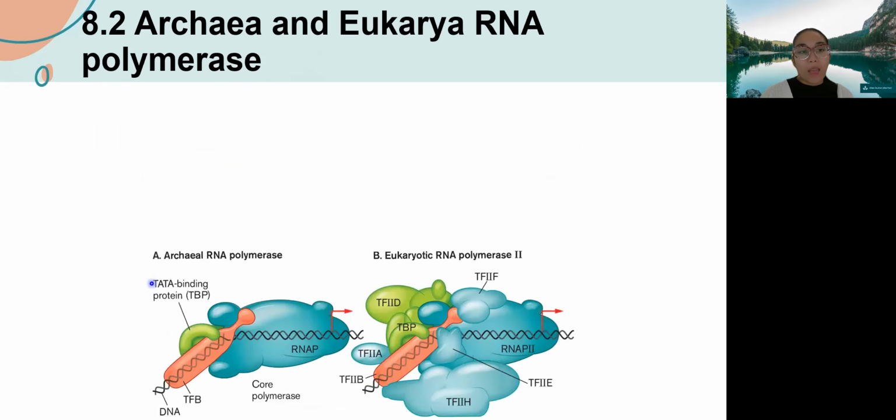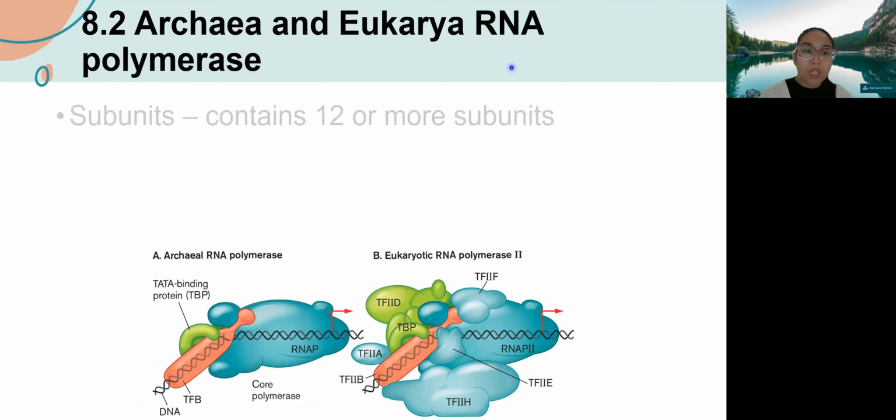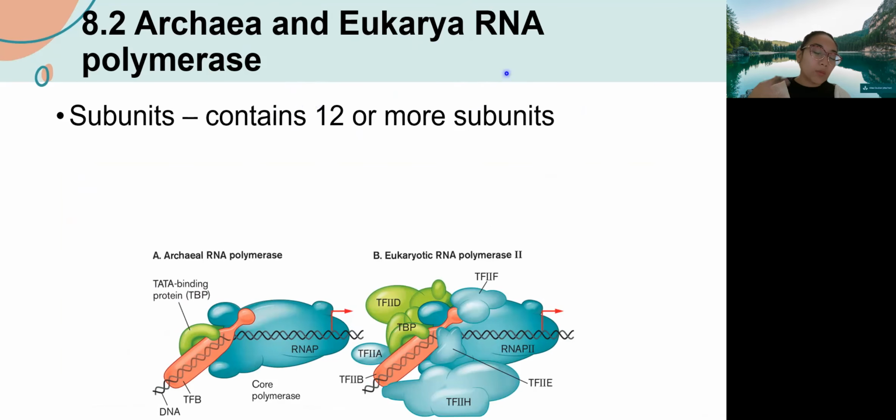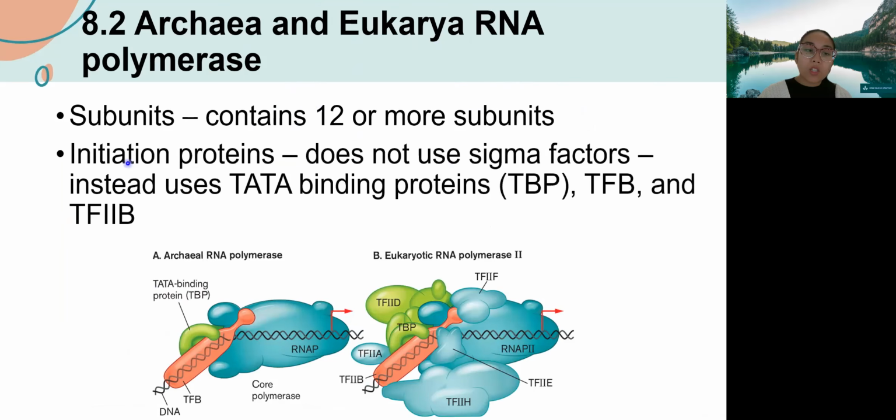Okay. So moving on, let's quickly talk about the RNA polymerase in archaea and eukarya, which is a little bit different. Both archaea and eukarya usually have 12 or more subunits instead of 5, so they're a little bit more complex in that way. And then there are no sigma factors. The initiation proteins that eukaryotes and archaea use, they don't use sigma factors. Instead, they have this protein called the TATA binding protein, or TBP.